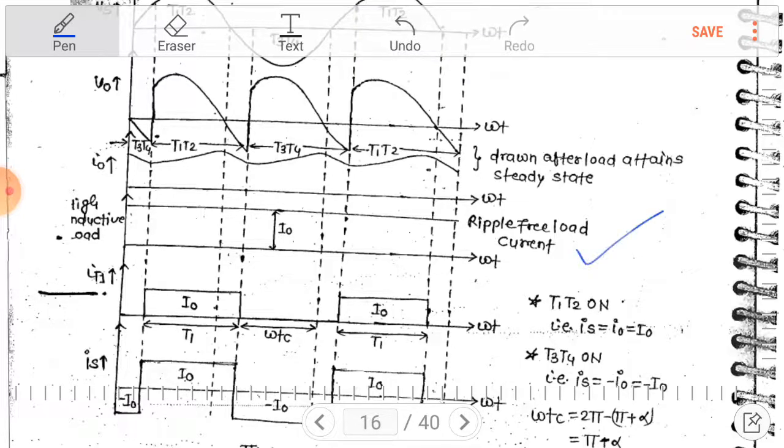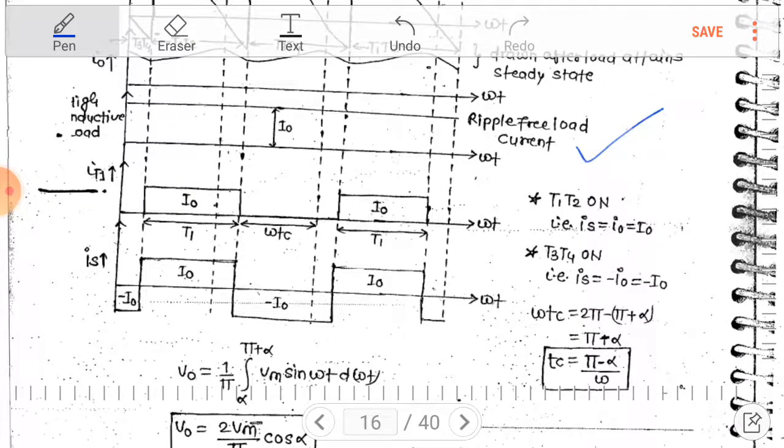For a high value of inductance, we get I naught as a ripple free current, a constant load current. For this constant load current, this is the waveform of the thyristor current of the positive group thyristors, which are responsible for getting the positive waveform at the load side. So the thyristor current will be visible from alpha to pi plus alpha in thyristor T1 in the midpoint rectifier.